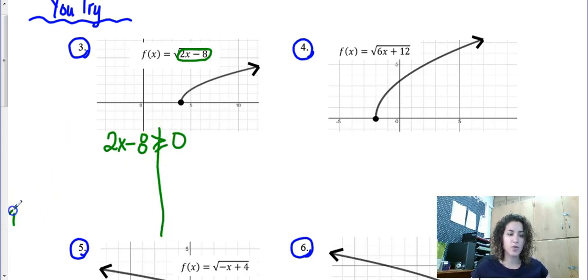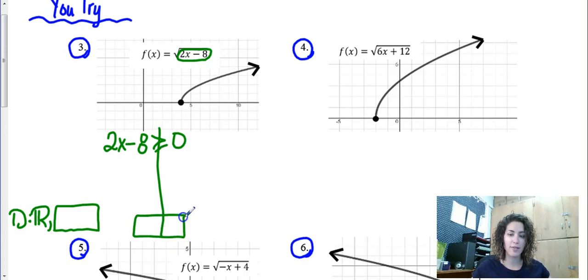Your answer for the domain is going to be all real numbers, and then I leave a little box here, because whatever result you get from your solving is going to go right there. So if you need to rewatch example number 2, go ahead and do that. But to clarify, to wrap up your flipped homework for tonight, you are trying these 4. See? All 4. Give them a try.